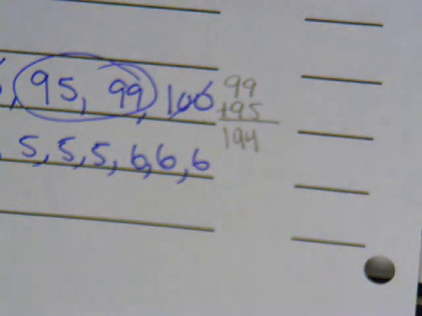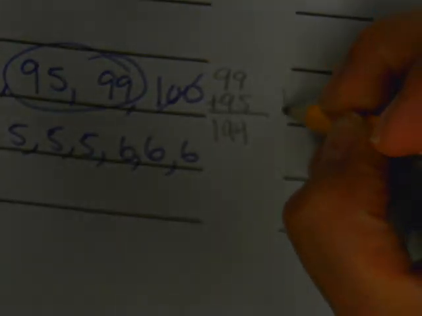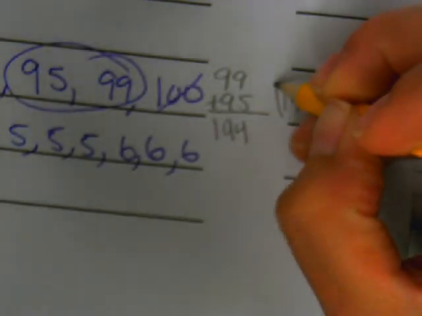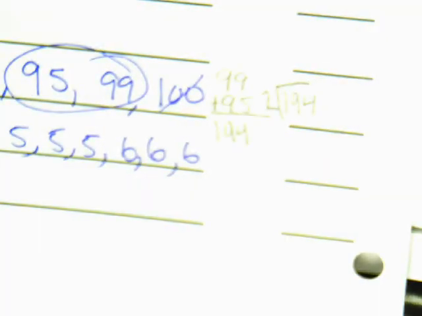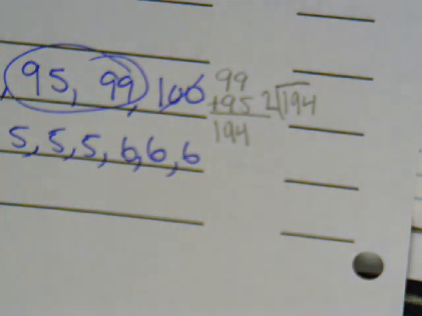No. Is 194 in the middle? No, it's too big. So now I have to take 194 and divide it by 2. What's in the middle of 95 and 99? 97. Oh, very good.